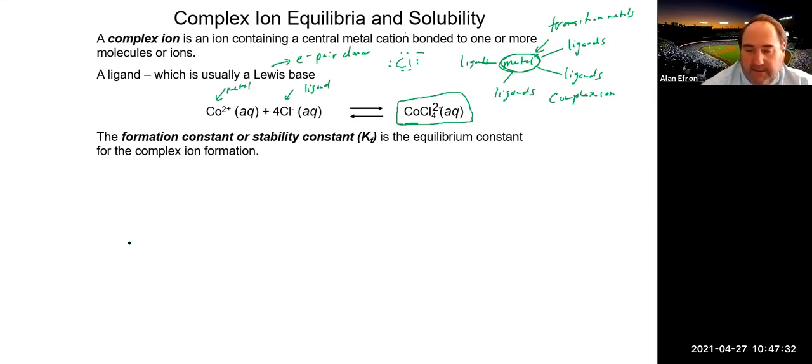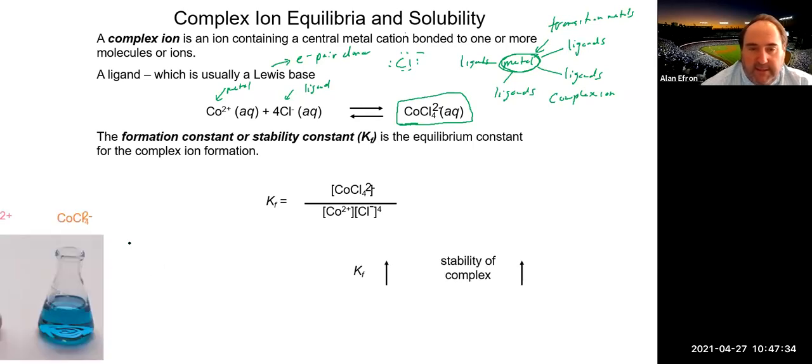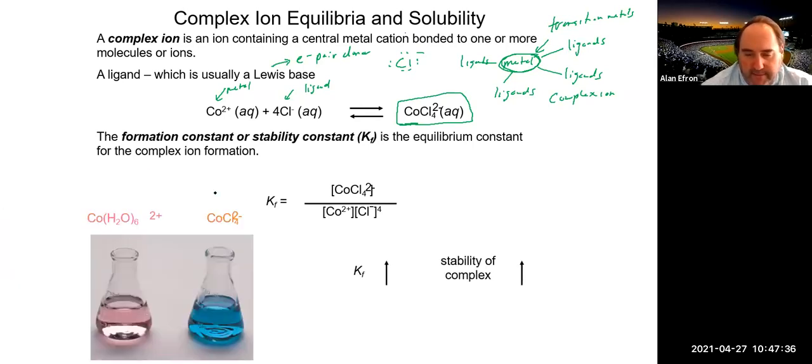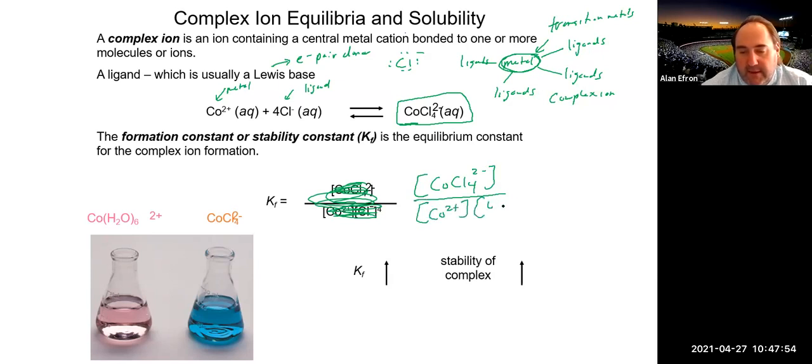So maybe I'll rewrite it so we can see it here. We'll just cross it out real quick. Top part looks a little funky. It is the concentration of CoCl4 2-, again divided by Co2+, and again, our Cl-.